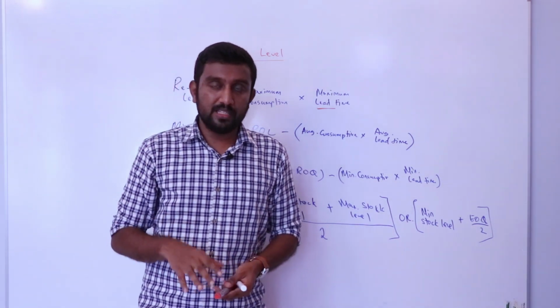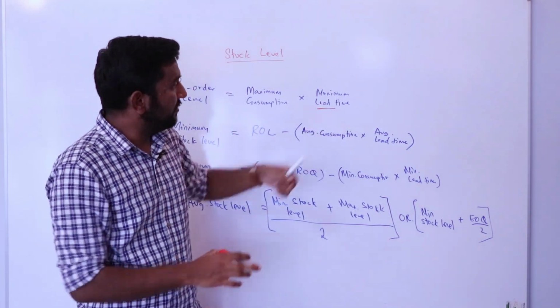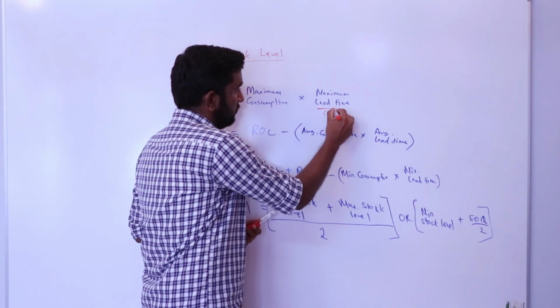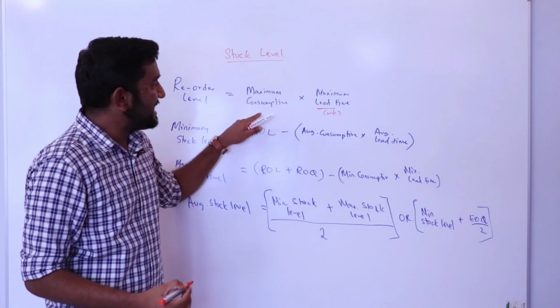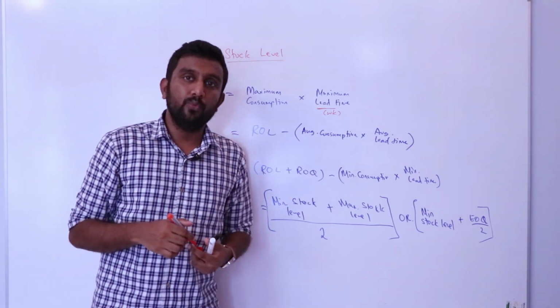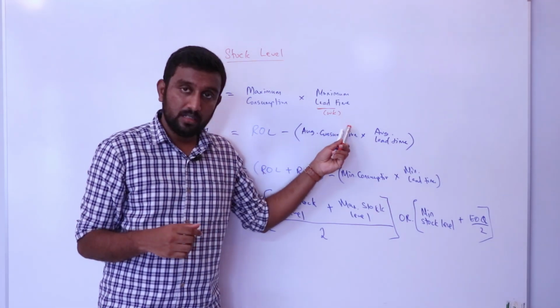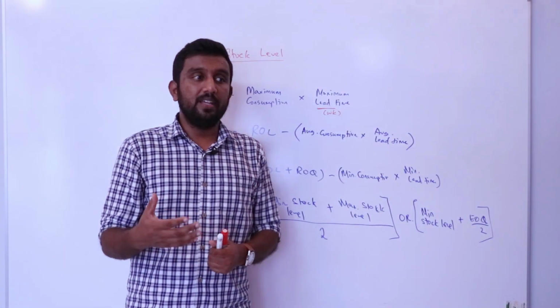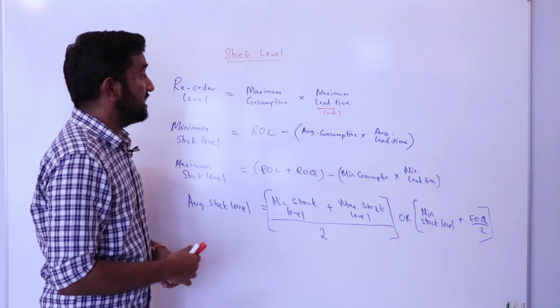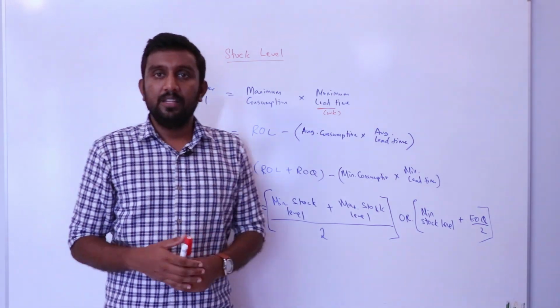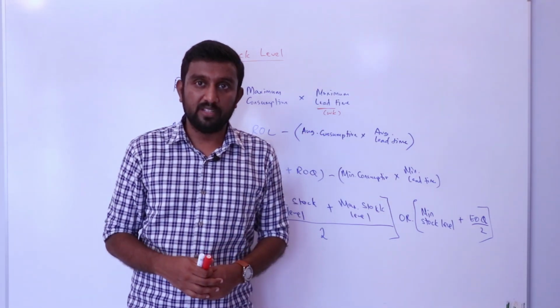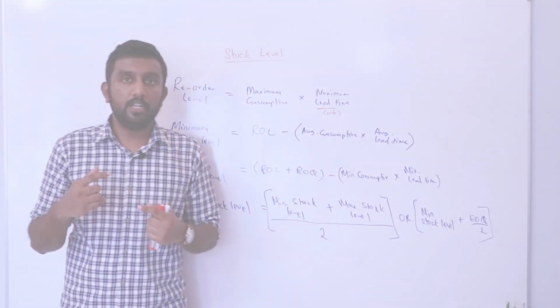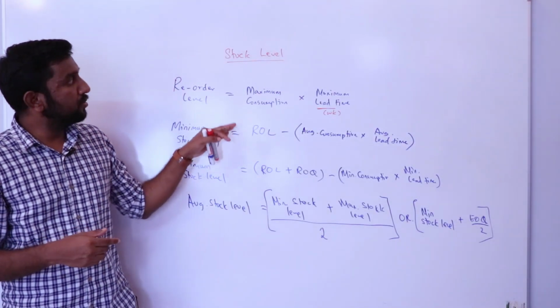If this is week, then your consumption also should be for a week. If it is month, your consumption also should be for a month. Let's say if they say maximum consumption for a week is 100, then you have to assume 400 for a month. That is important.